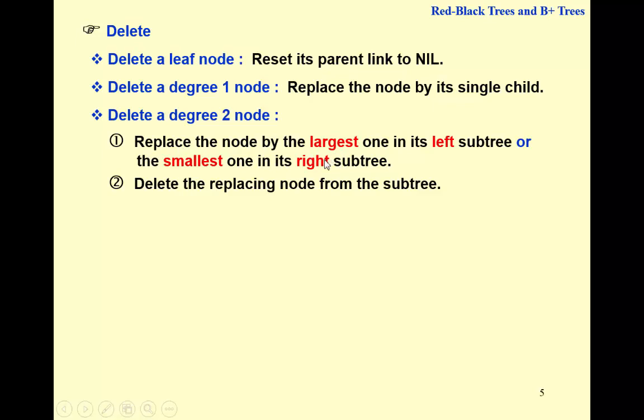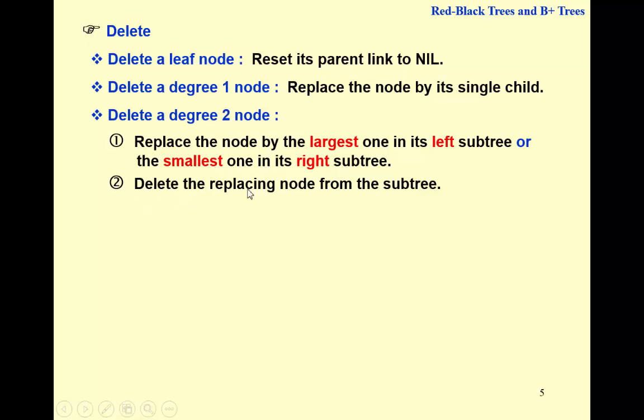And then continue either recursively or iteratively to delete the replacing node from that subtree. And that node, if it's the largest in its left subtree or the smallest in its right subtree, it must be a node of degree no more than 1, right? If it's the largest, it must have no right subtree, or if it's the smallest, it will have no left subtree, right?